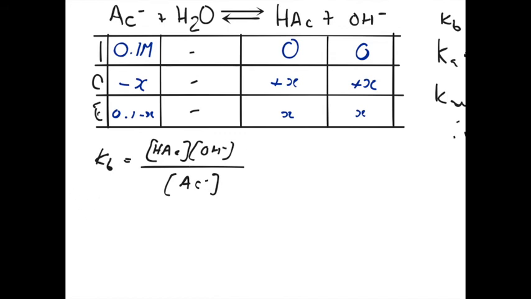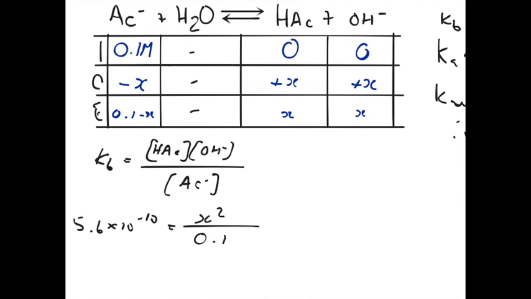We figured it out a few minutes ago, and that was 5.56 times 10 to the negative 10. All that is equal to x squared divided by 0.1 minus x.